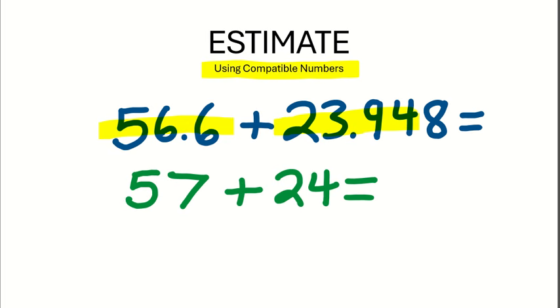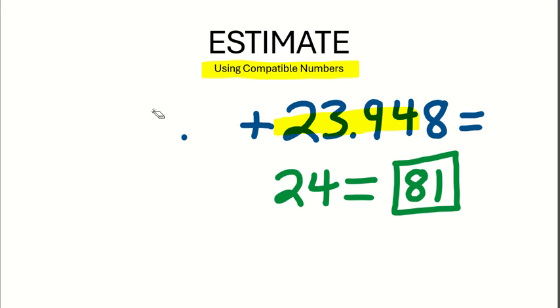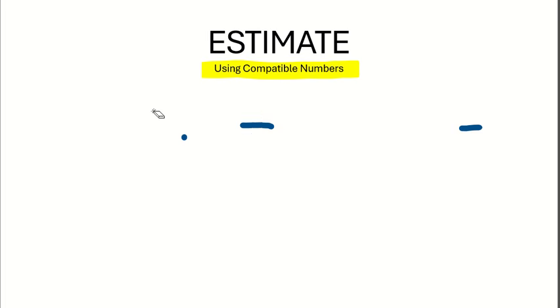We do 57 plus 24, and that gives me 81, which tells me that the actual answer is going to be very close to 81. Now, you can actually use this method with subtraction, division, the whole shebang. So let's do a few more example problems. Let's dive right into it.